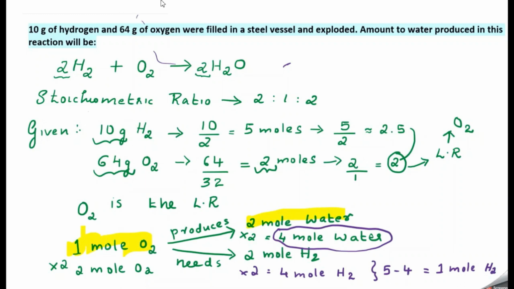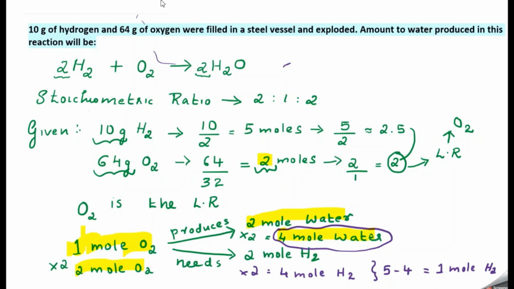Correct. Now tell me, for us it is given 2 mole. So to convert 1 mole to 2 mole, what we should do? Multiply by 2. So this becomes 2 mole of O2. So 2 mole of O2, if you multiply here also by 2, it will give 4 mole of water. So my answer here is 4 mole of water.